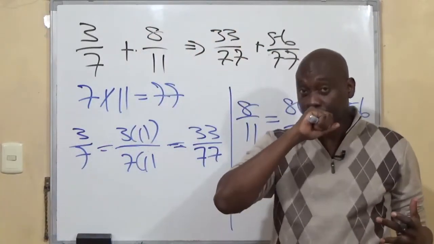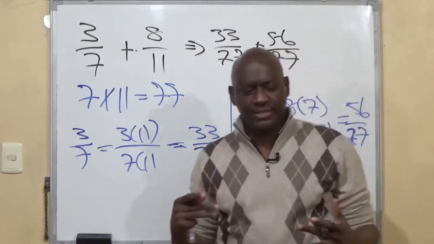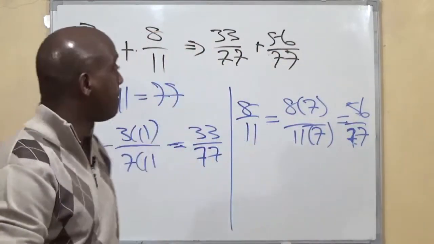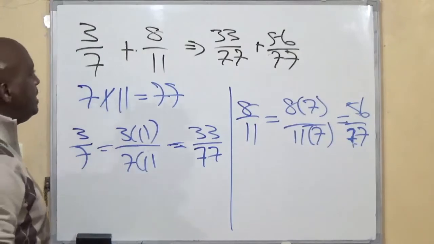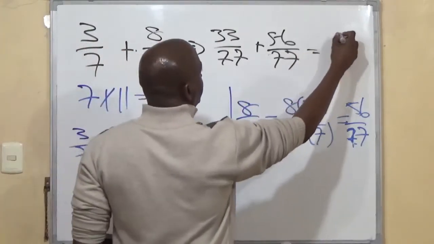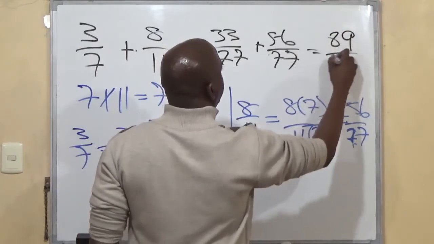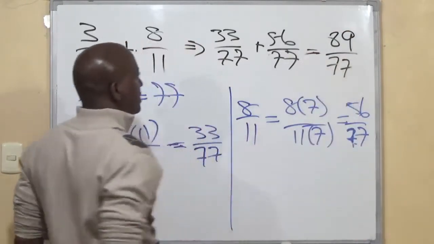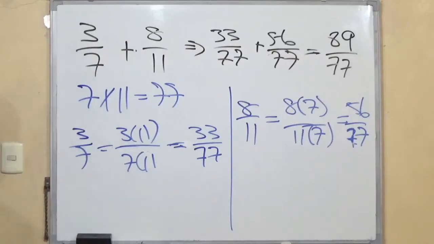Excuse, yeah, coughing, but I'm leaving the video just like that. Right? Once you have commonized the denominators, you could just add the numerators. So 33 plus 56 is 6 and 3 is 9, 5 and 3 is 8, 89 over 77. End of discussion. Alright?